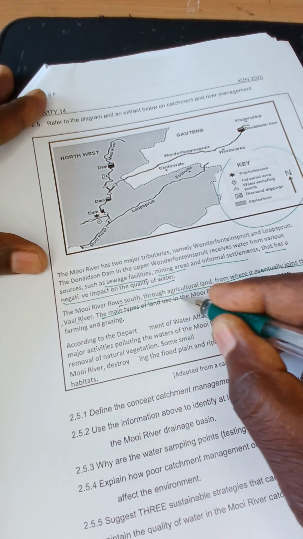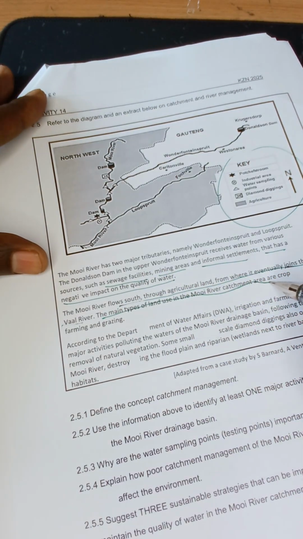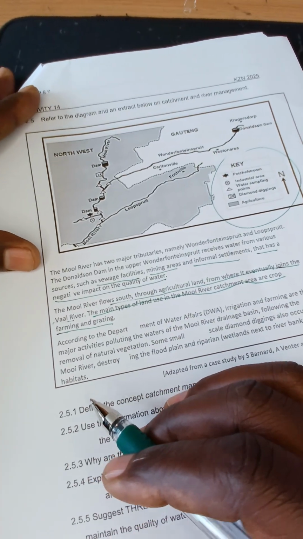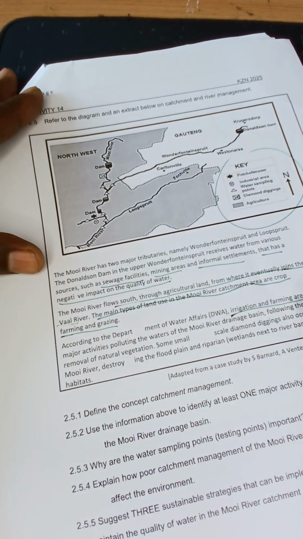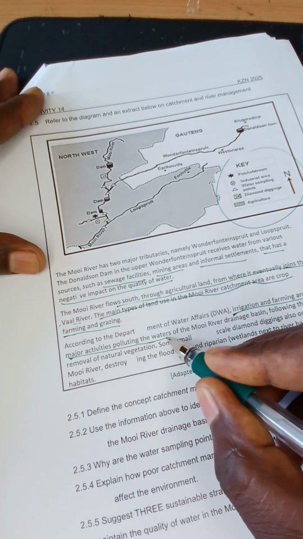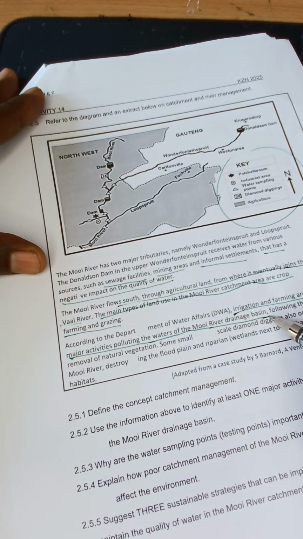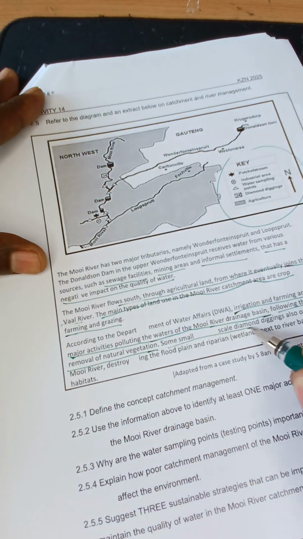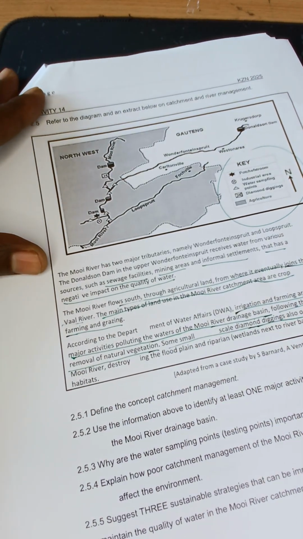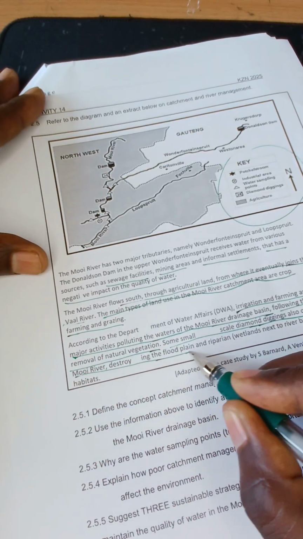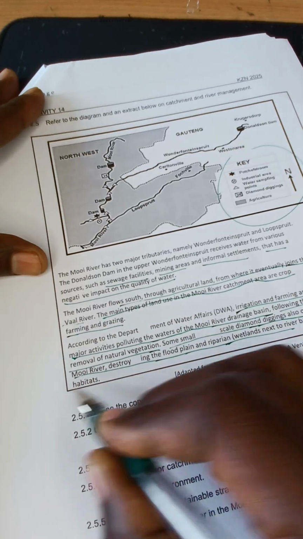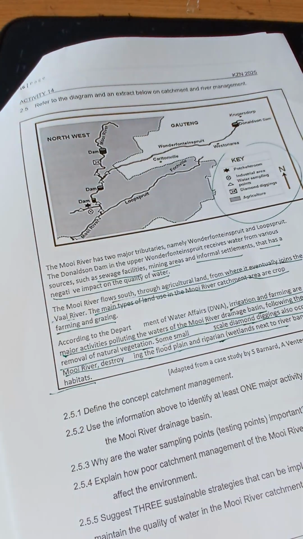The main types of land used in the Moy catchment area are crop farming and grazing. According to the Department of Water Affairs, irrigation and farming are the two major activities polluting the waters of Moy River drainage basin, following the removal of natural vegetation. Some small-scale diamond diggings also occur along the Moy River, destroying the floodplain and riparian, that is wetlands next to the river habitats. So this is the information that we have.